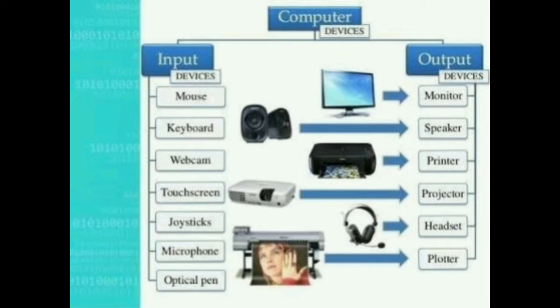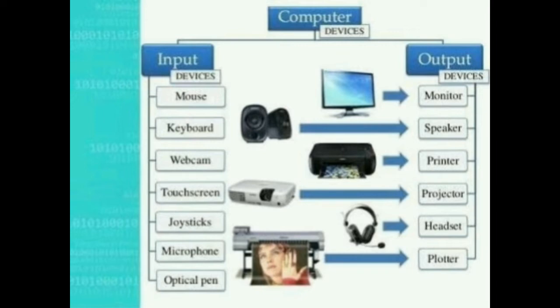Now what are input devices? We give the command or data to a computer through the input devices. For example, keyboard, mouse, joystick, etc. So now processing device. The data is processed by the processing device.